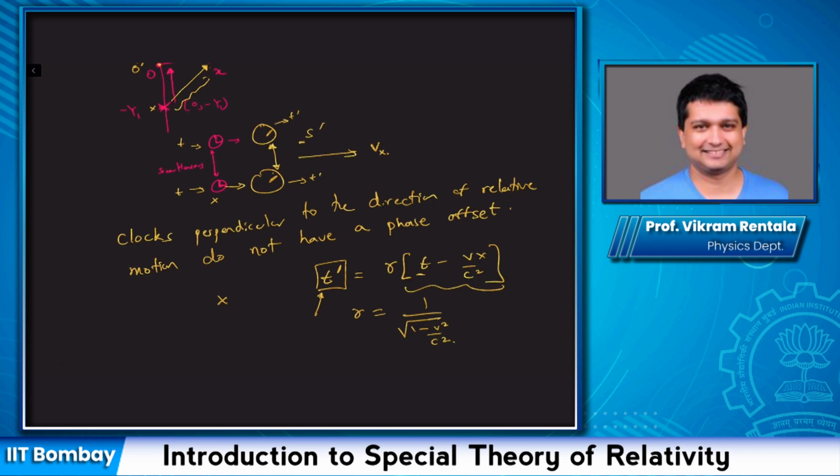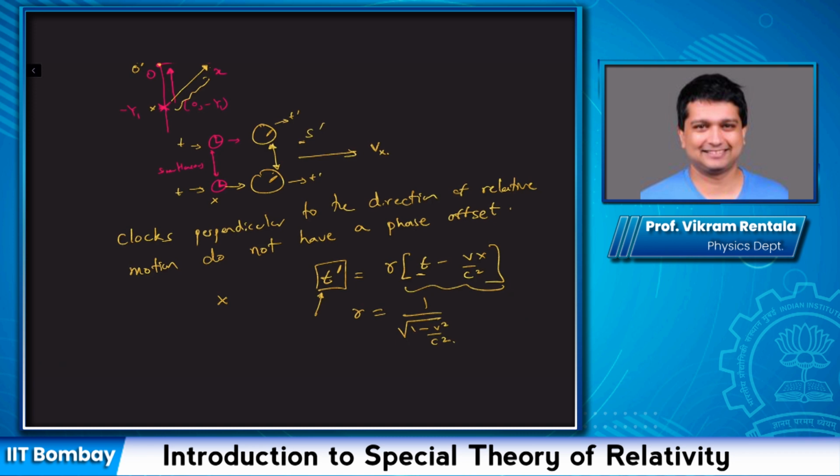So they could have compared these lengths with each other when S prime was at rest, but now S prime is moving with respect to S at a speed v, let's say along the x direction. And the rods are held perpendicular to the x direction, so they're held, let's say, along the y direction. So this rod is at coordinates y1 and y2, and this rod is at coordinates y1 prime and y2 prime as measured by observer S prime.